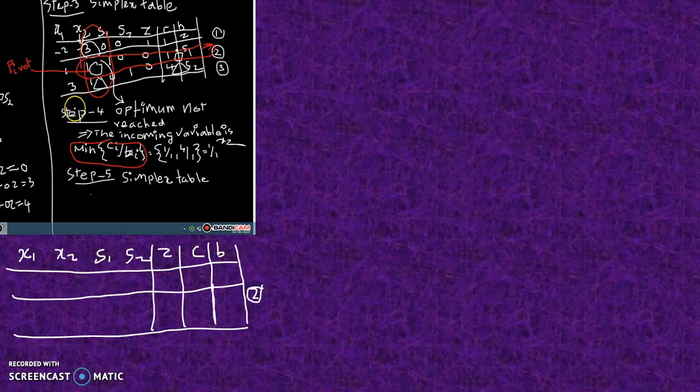That row you have to write as it is. So what is that? 1, 1, 1, 0, and then z is 0, then here constant is 1, and here s1.